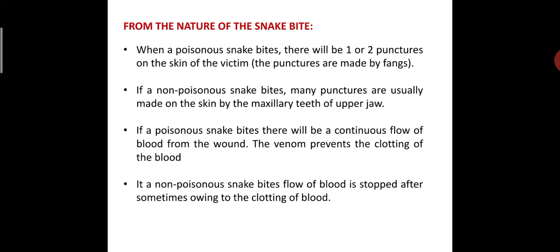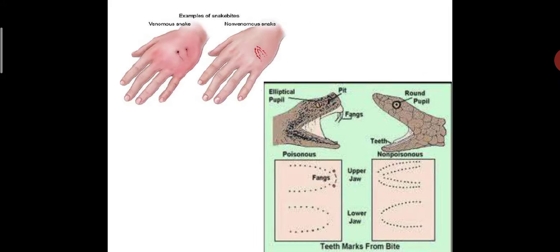And if it makes many punctures or scratches on a victim, then it may be non-poisonous. The blood flow also keeps overflowing when a poisonous snake bites a victim, because of the toxin injected by the snake. In the case of a non-poisonous snake, the blood flow will stop after some time. These are some of the differences you can easily note down.